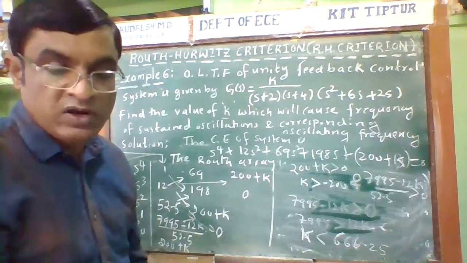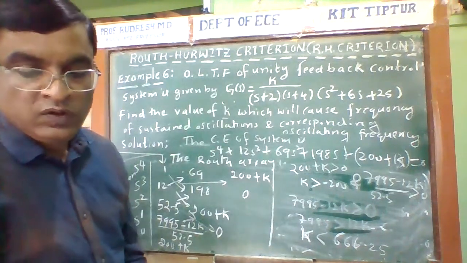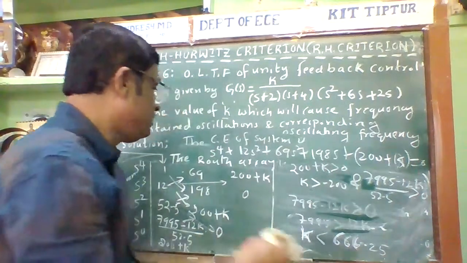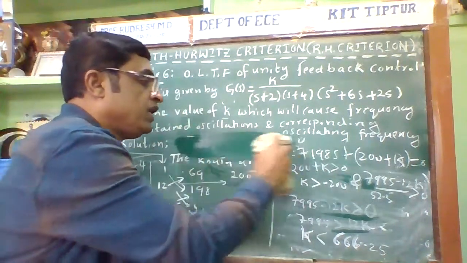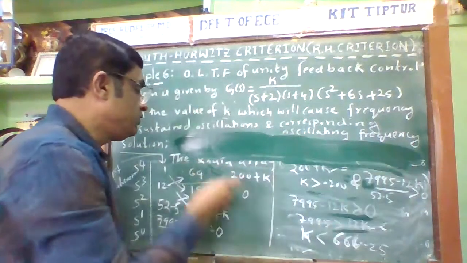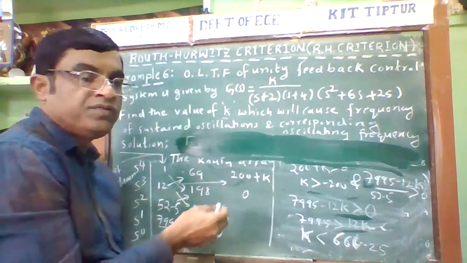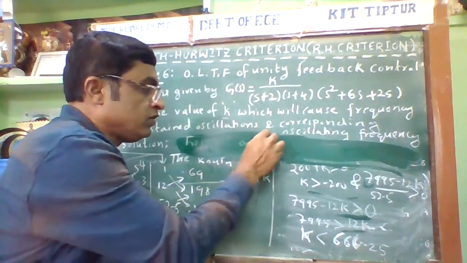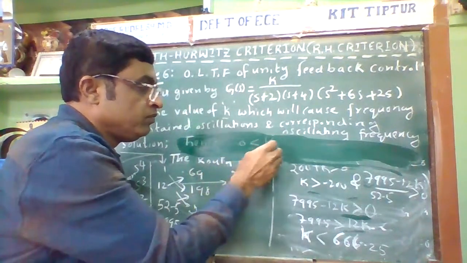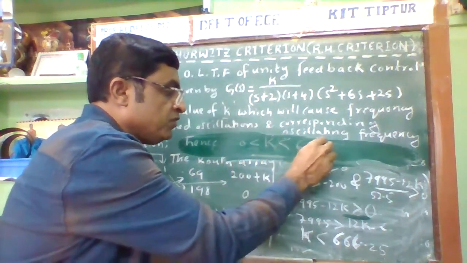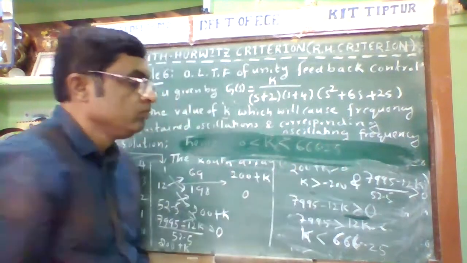Hence the range of values of k for the system to be stable is: k value must be less than 666.25.